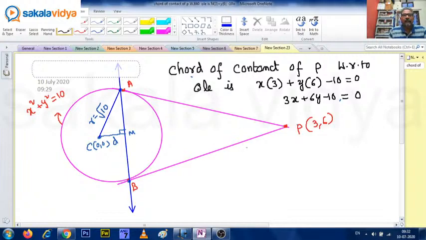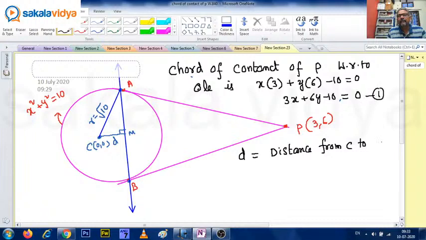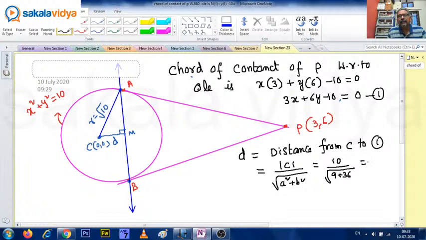Now from the center, let us find the d value. D equals the distance from C to this line, which equals mod c by root of a square plus b square, because it is the distance from the origin. That means 10 upon root of 9 plus 36, 10 upon root 45, and root 45 is 3 root 5.